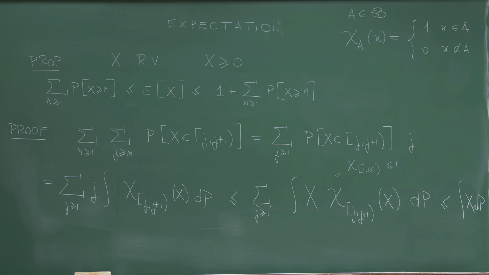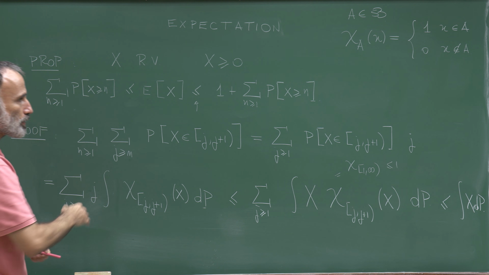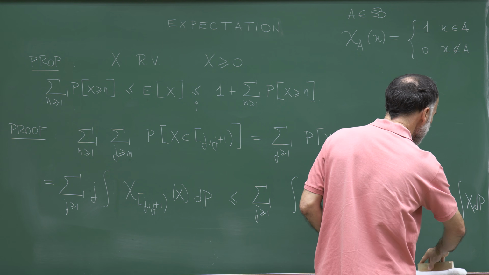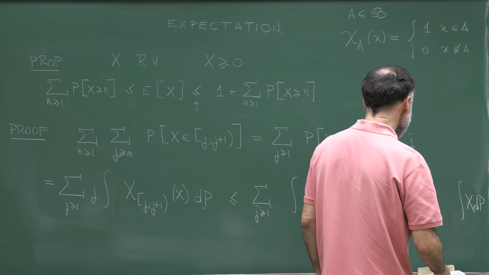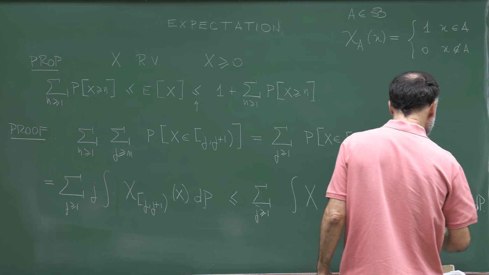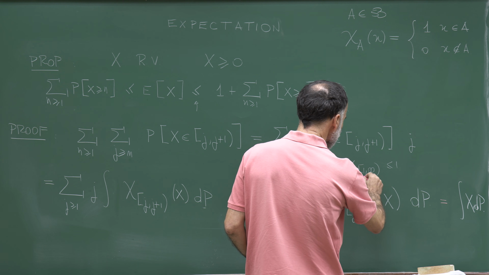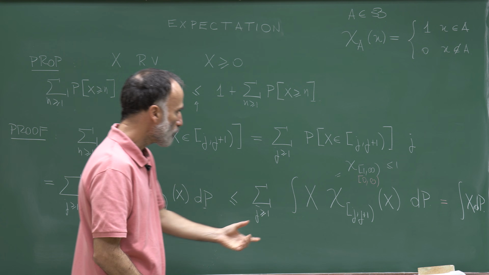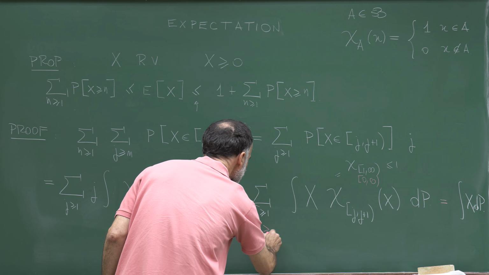Now let's prove the second inequality, and for the second inequality I'll just use this blackboard and we'll go in the other direction. So I'll start here with the expectation of x, which is the integral of x dp, and I will cut the interval 0 to infinity. Now I'm interested in the interval 0 to infinity as this union of intervals j plus 1, but the difference now is that I need to take the sum starting from 0, right?